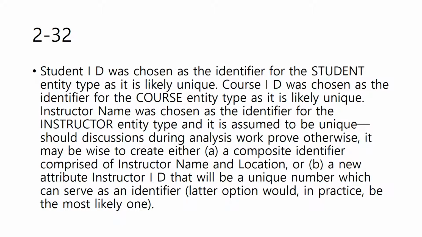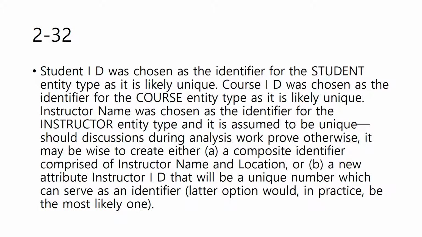Student ID was chosen as the identifier for the student entity type as it is likely unique. Course ID was chosen as the identifier for the course entity type as it is likely unique. Instructor name was chosen as the identifier for the instructor entity type and it is assumed to be unique.